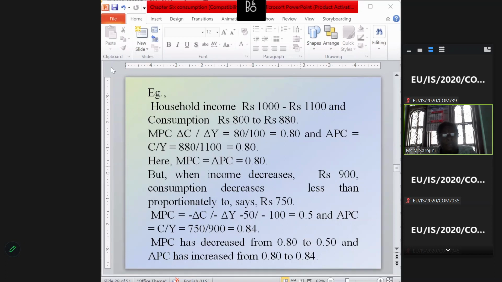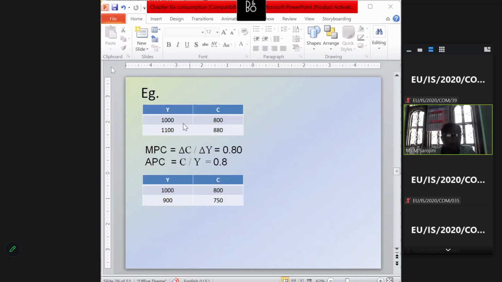Again, the ratchet effect explains that APC rises and MPC falls. That is proved here as well. This is simply the same example put here: this column indicates income and this column indicates consumption.